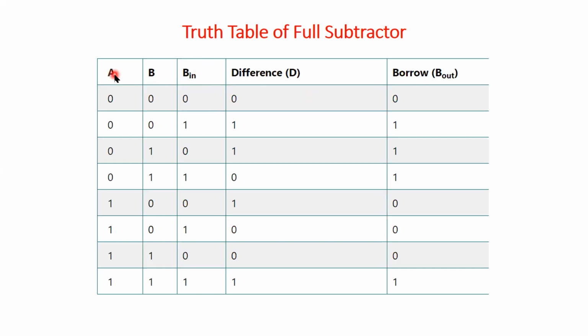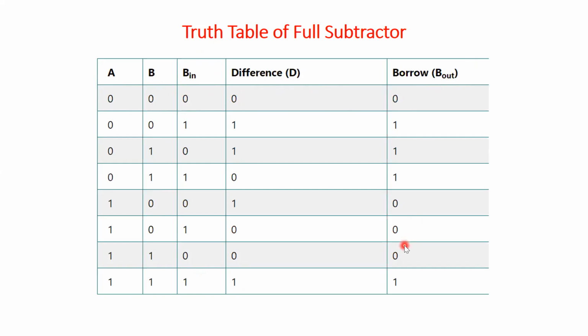So instead of A, B, C, I am writing B in. So here you write B in is the borrow of the previous step, and then again I have the difference in a subtractor circuit, and I have the borrow B out. So again you write this: 2 raised to 3, so 8 combinations will be there. Then the difference and then the borrow.